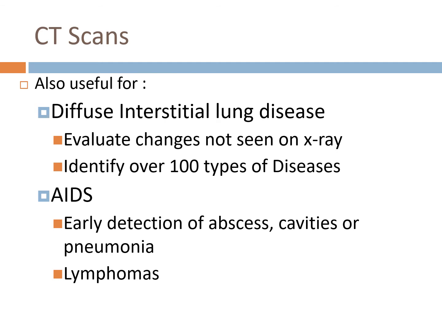It's also used to help diagnose mild pulmonary fibrosis, along with diffuse interstitial lung disease, things that we might not see in a regular X-ray. It can help identify over 100 different disease types. In HIV or AIDS, it can help detect abscesses, cavities, different pneumonias, and lymphomas.